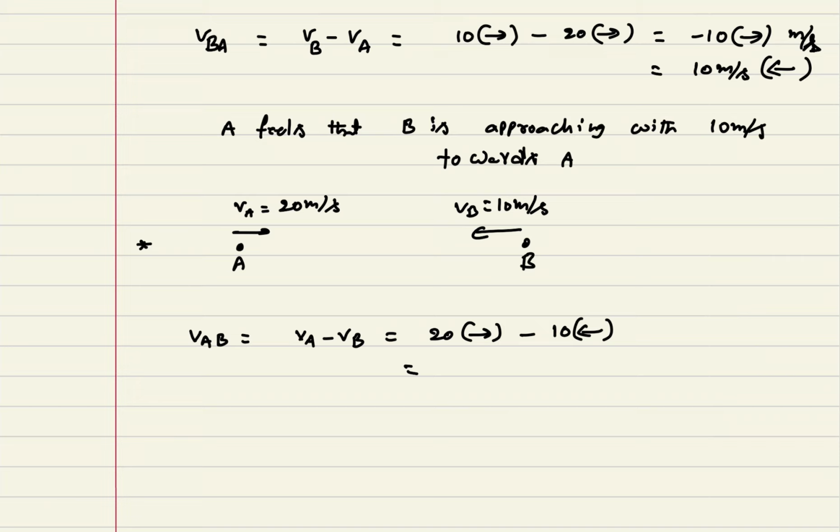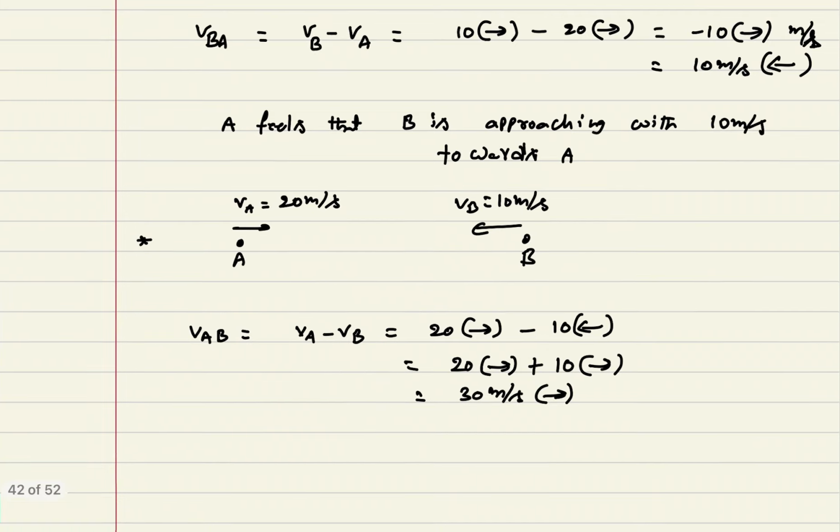One is right side, the other is left side. So 20 meter per second right side, and since it is left side, I'm writing plus 10 right side. So you can write it as 30 meter per second towards the right side.